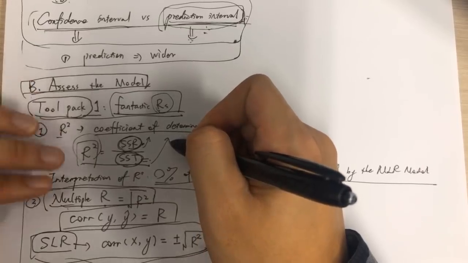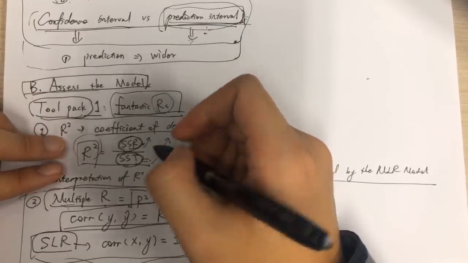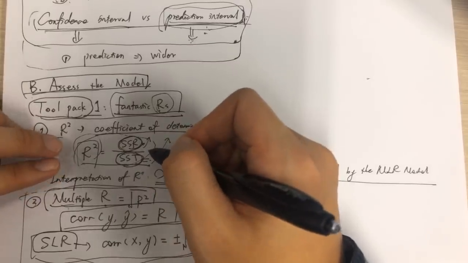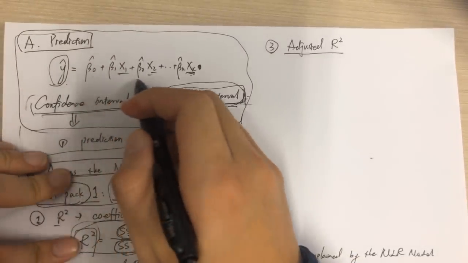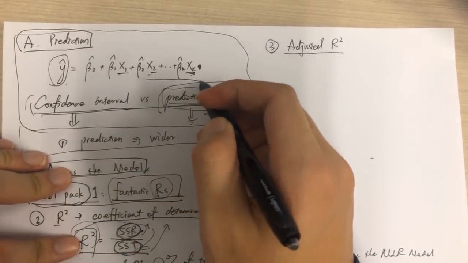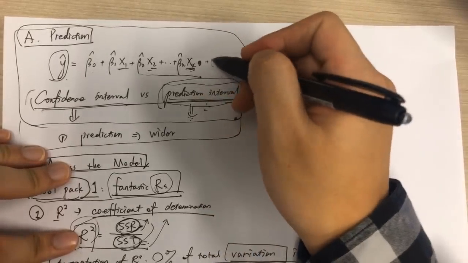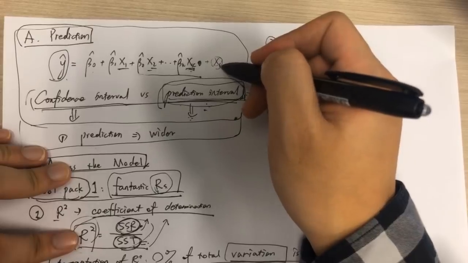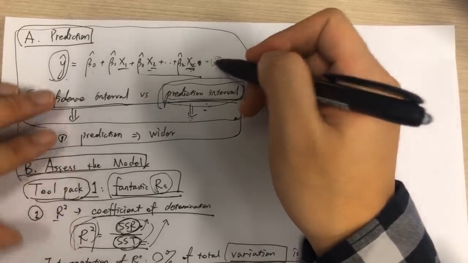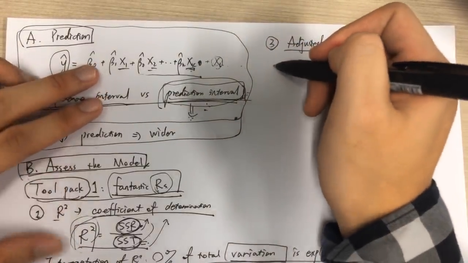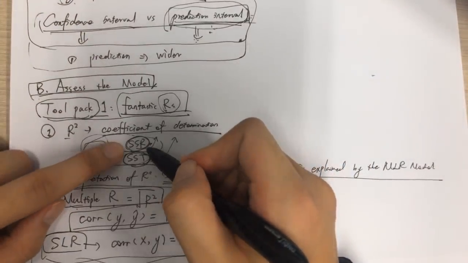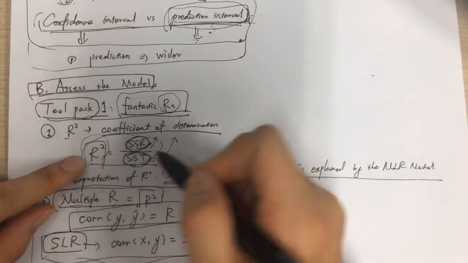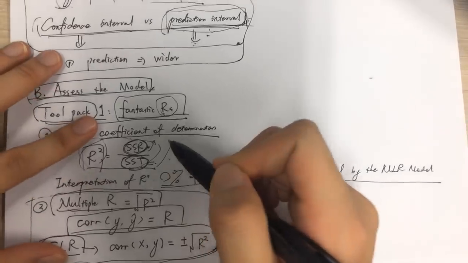If that is the case, the best model determined by R square will be a model that includes everything in the world, because no matter how important the independent variable is, as long as we add in more independent variables, then SSR will definitely increase, so R square will always increase, all right?